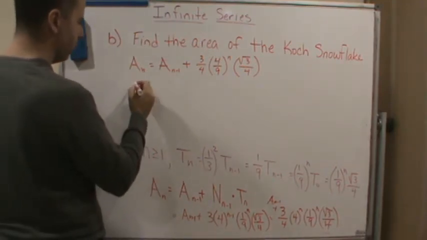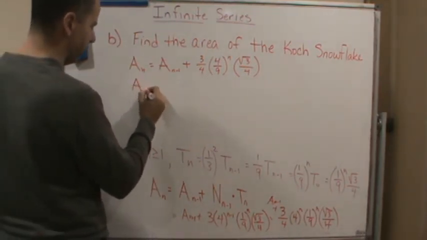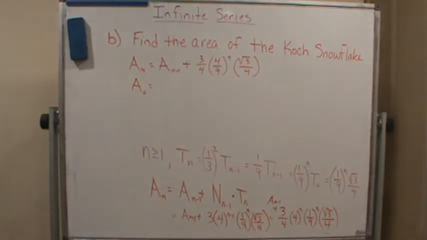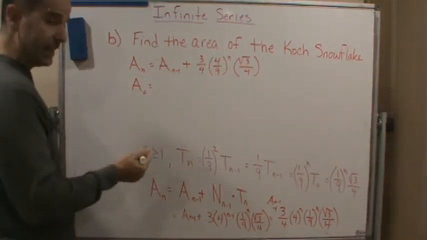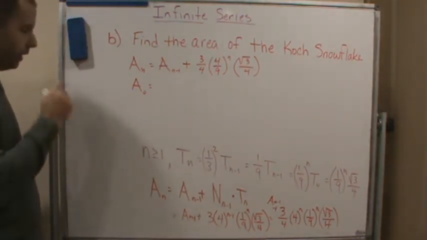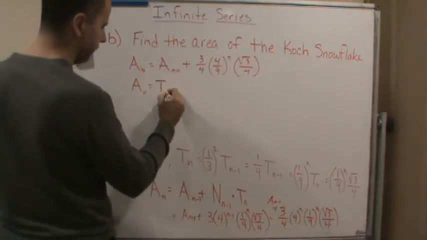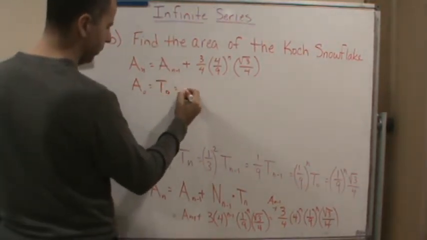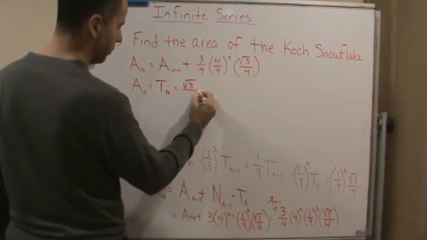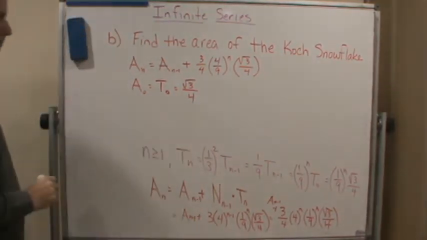So if I say a sub 0, the area of the first figure, we already know what that is, it's t sub 0, which was equal to the square root of 3 over 4.